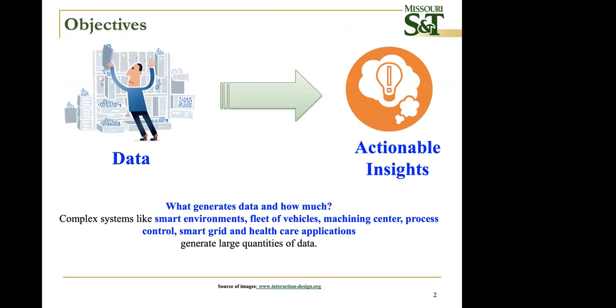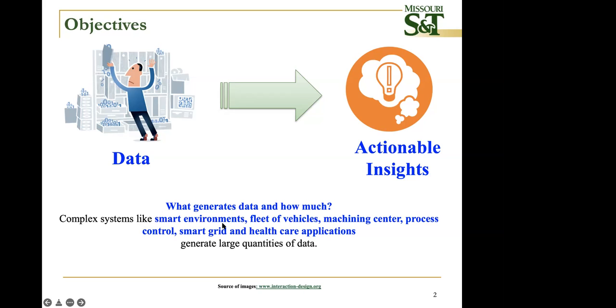So what are the objectives? The objective is you have data that's coming in, like pixels, for instance, in the example. And the goal was to make decisions, or we can say actionable insights. So the fundamental question here is what generates data and how much? I think that's the important question. We call that smart environments.